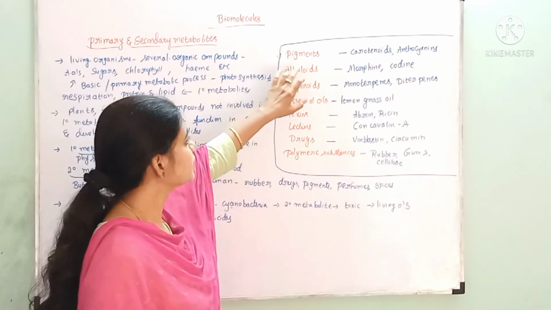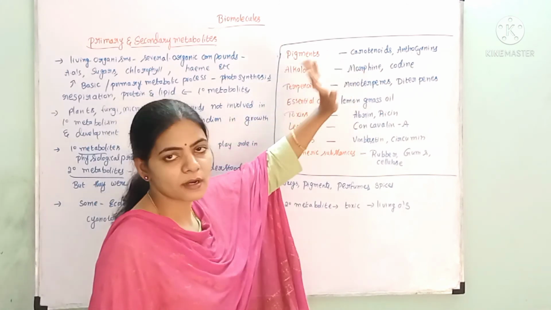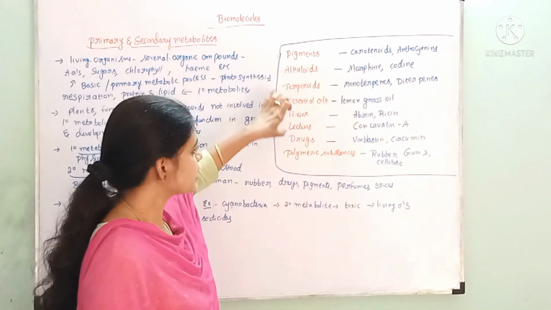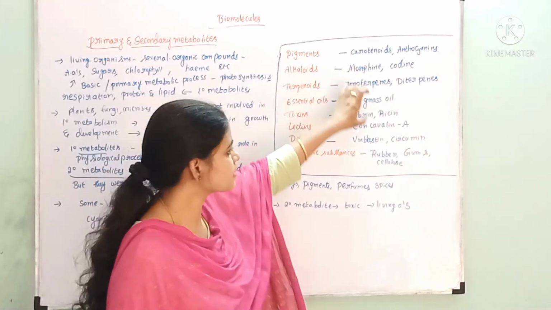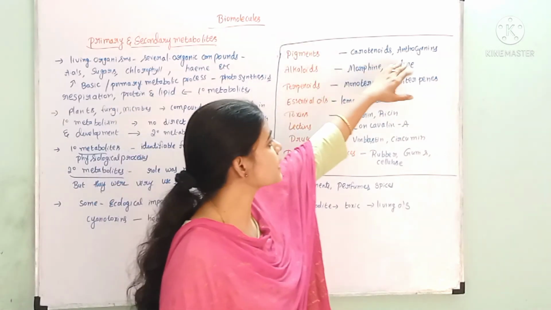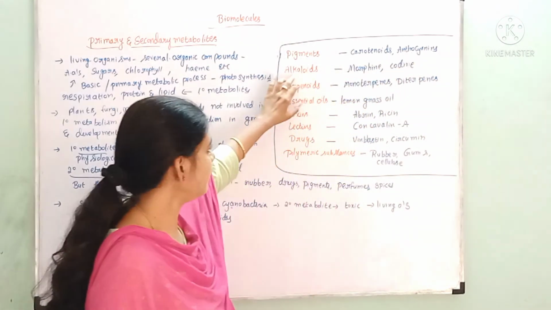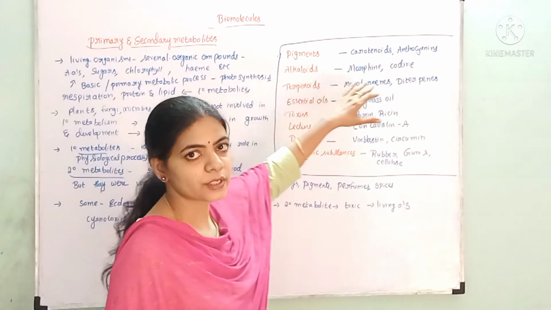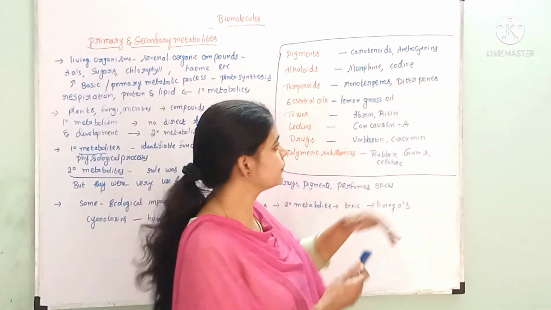This is very important. The names and examples are very important. These are the several secondary metabolites and these are the examples. Several pigments like carotenoids and anthocyanins, etc. Alkaloids like morphine and codeine.